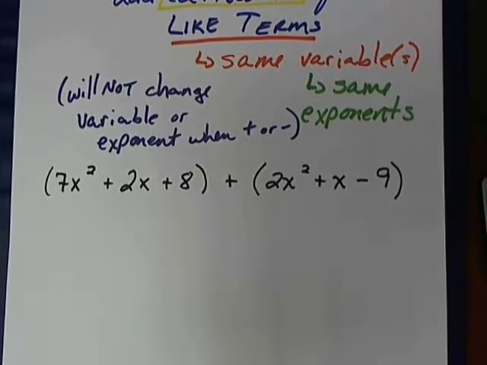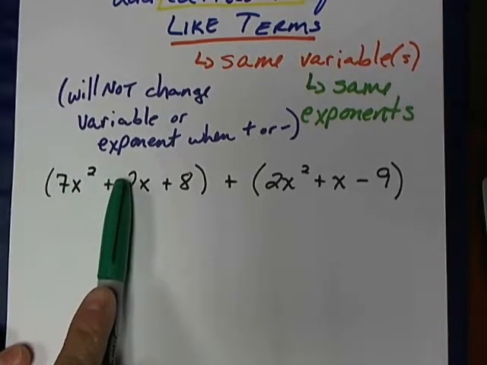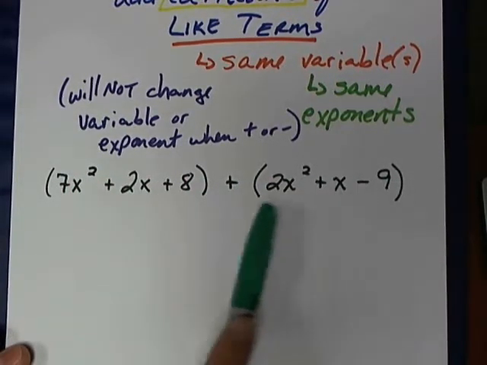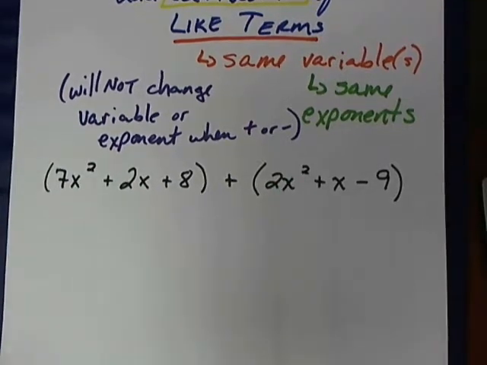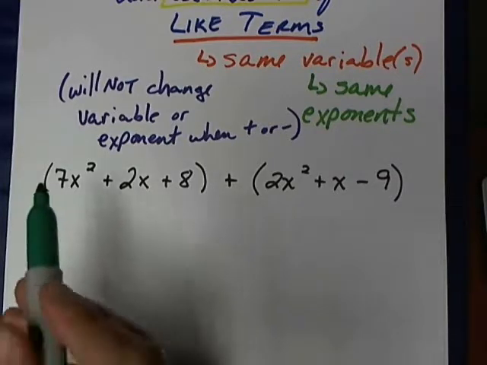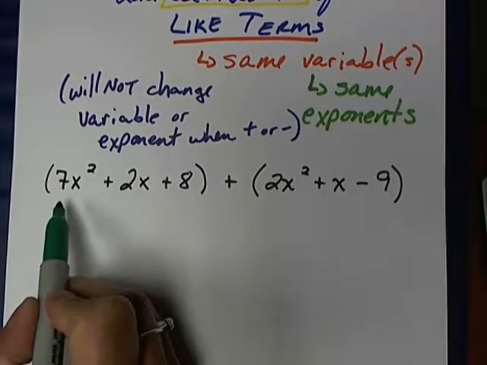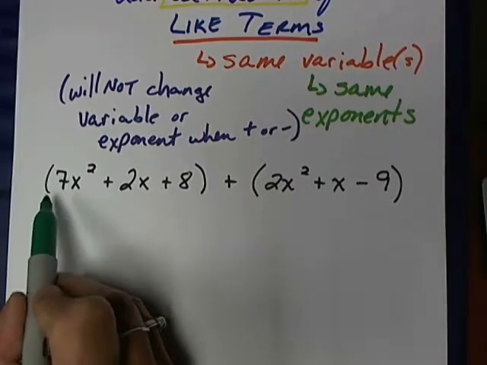Because I know my answer needs to be in standard form, which is the highest exponent first, what I do first is scan all my exponents and look for the largest one. I see I have an x squared and an x squared. There's nothing higher than that, so x squared is my highest exponent, and that's going to be the first term. So now I go through and use different colors and different ways.